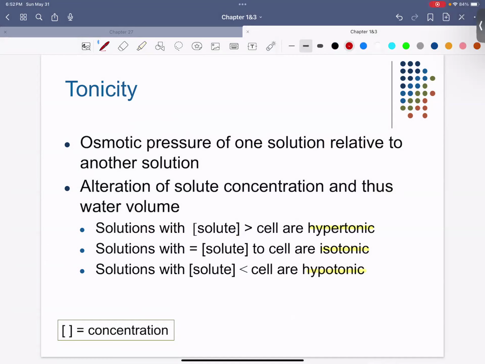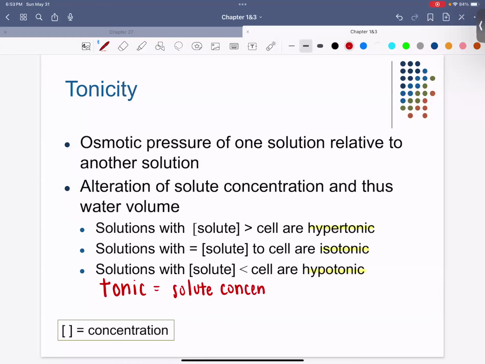The suffix tonic pertains to the solute concentration. Here you can see solute in brackets. The brackets indicate the concentration.